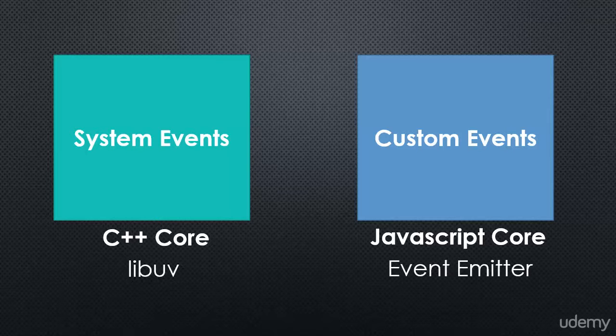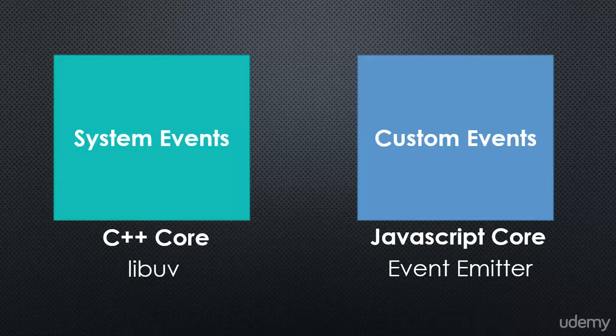However, this is not part of the C++ core libuv. This is the event emitter inside the JavaScript core. It's a JavaScript file that contains the code for what's called the event emitter. So the event emitter in Node is where we have custom events, and that's JavaScript.